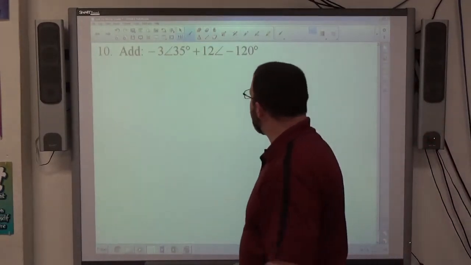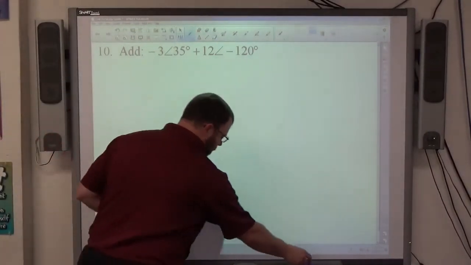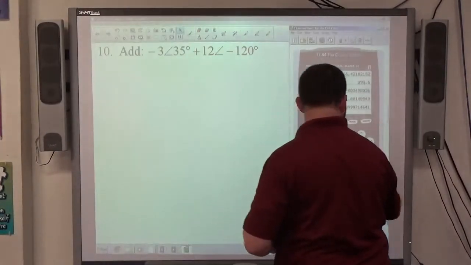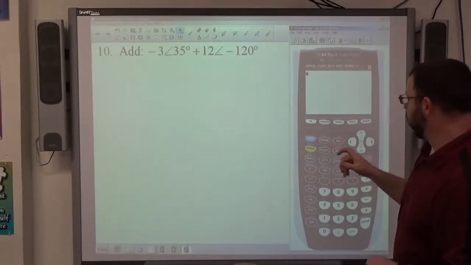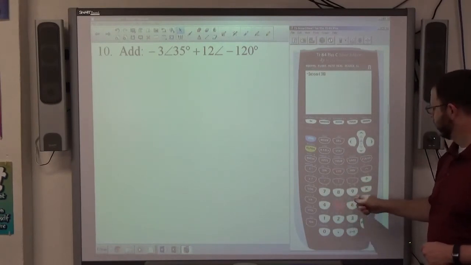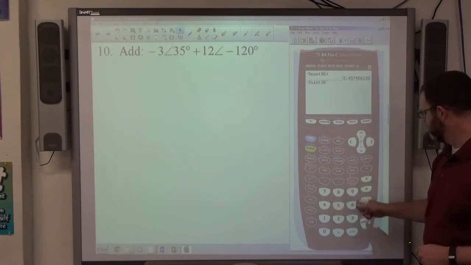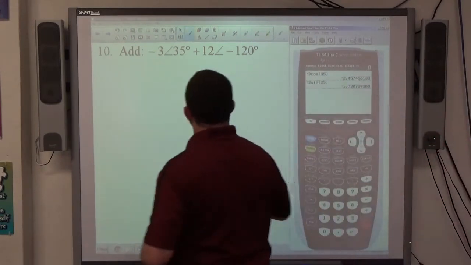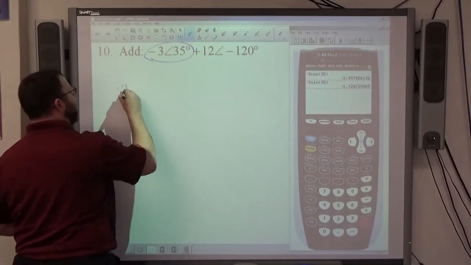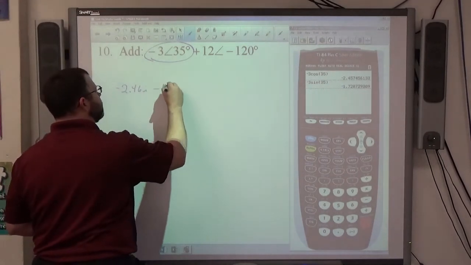Number 10, we're going to add vectors. Job 1 is to get rectangular form of our vectors. So I'll give a calculator out. To make rectangular form, I take the magnitude, cosine of the angle, magnitude, sine of angle. So the first vector, I'll circle it in blue here, is negative 2.46i minus 1.72j.